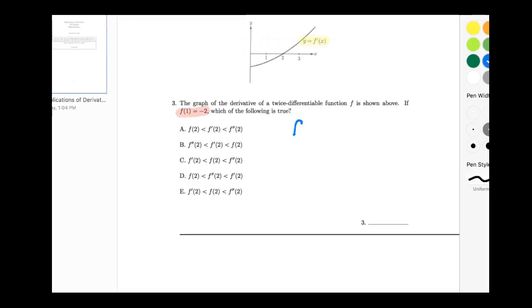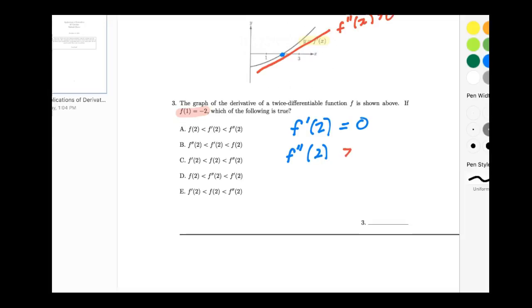You know that f prime of 2, which is right here, the value there is 0. I also can find f double prime of 2. This is a first derivative, so if I take the tangent line, it's increasing, so f double prime of x is greater than 0.